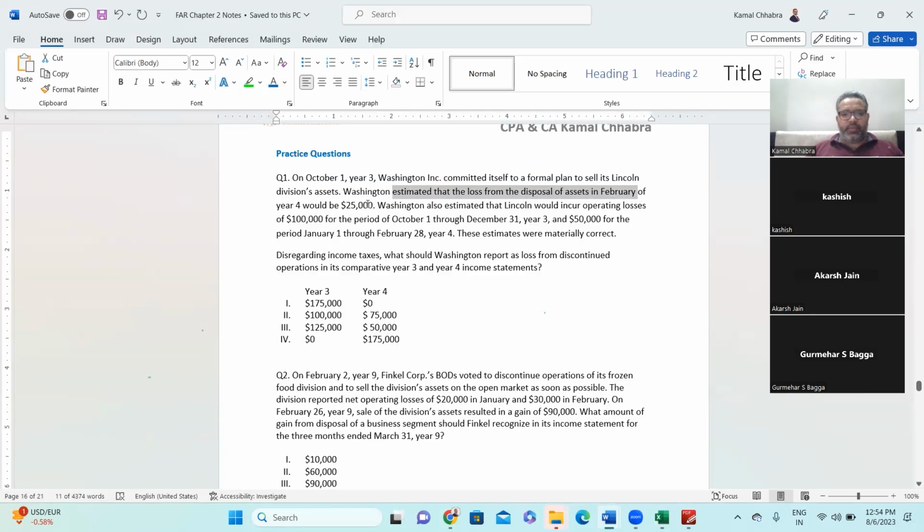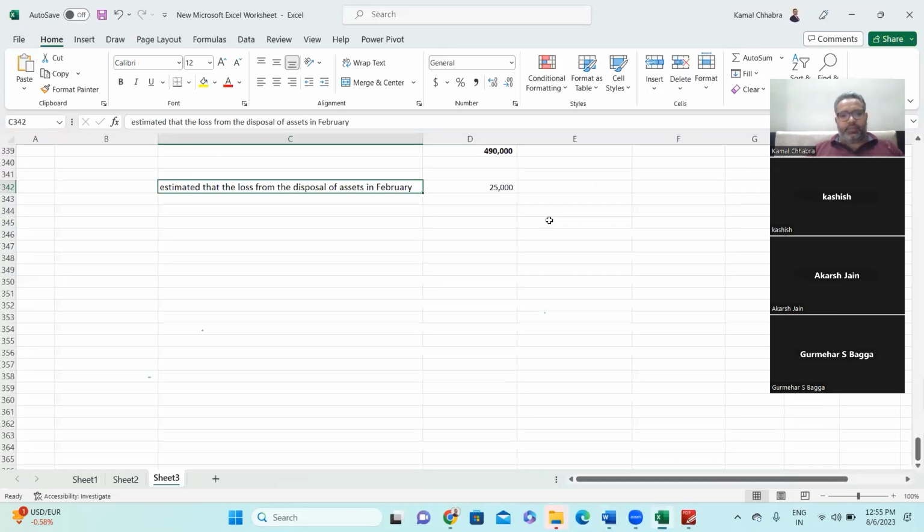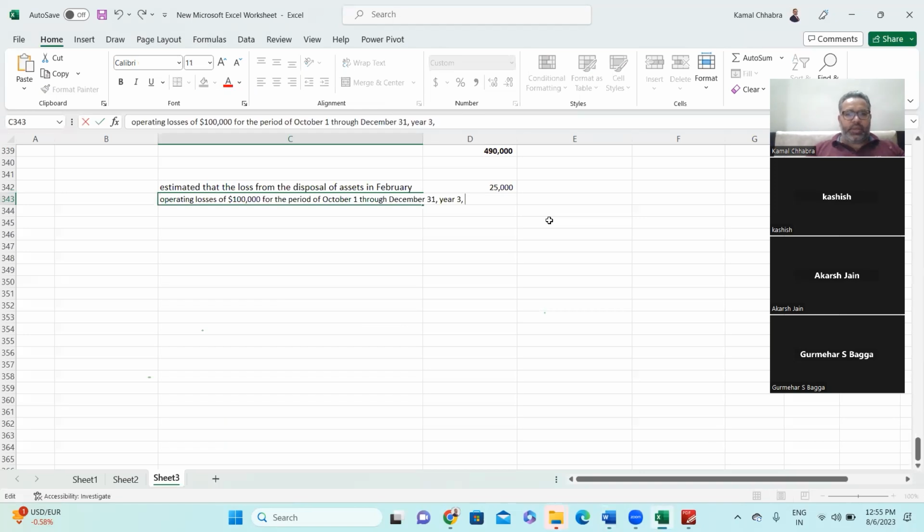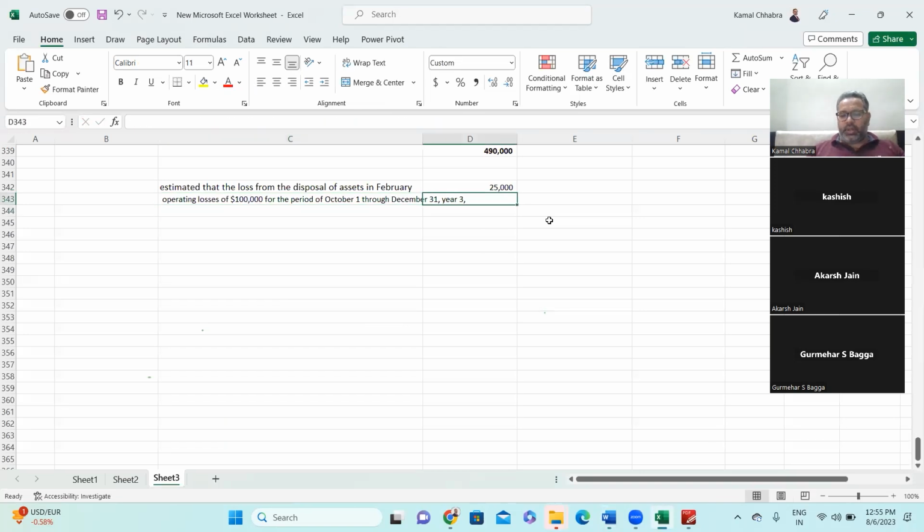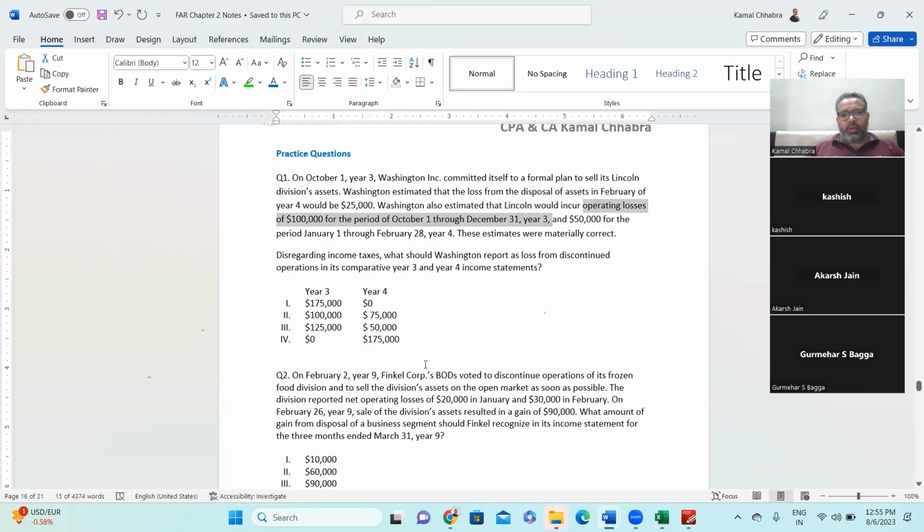Second, what it's saying, Washington also estimated that Lincoln would incur operating loss of $100,000 in year 3, right?